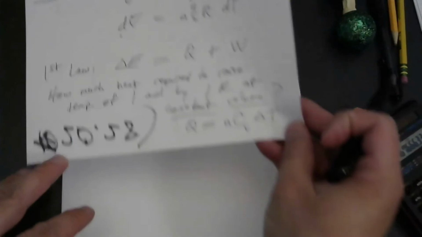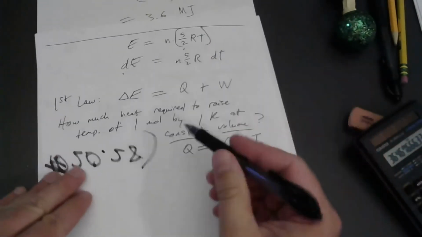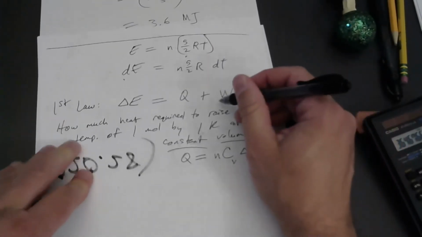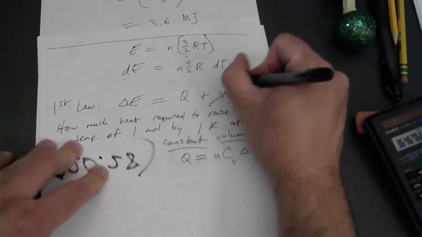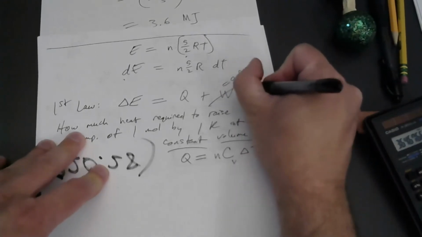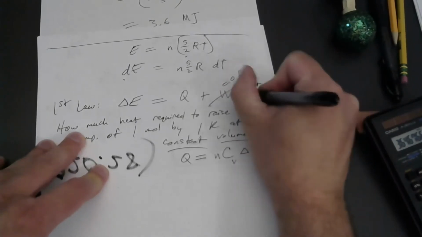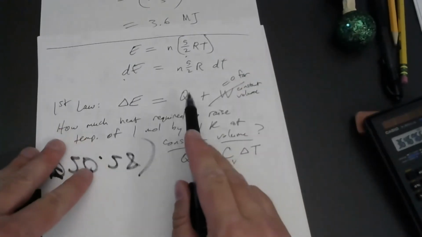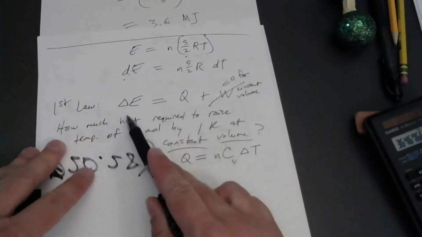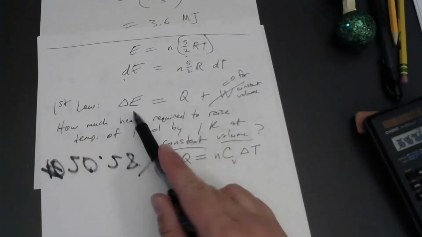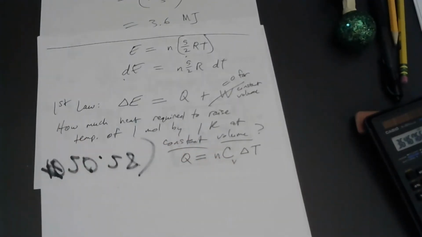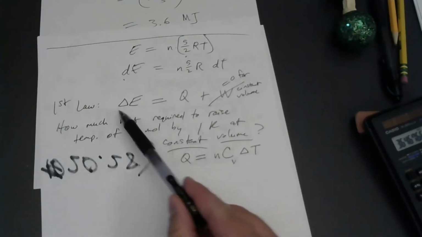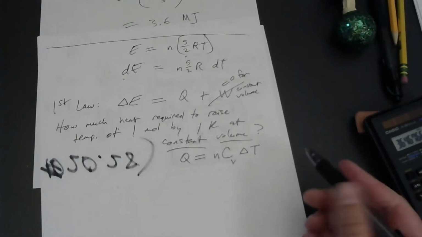Now, constant volume means that there's no work being done. So I'll say W equals 0 for constant volume. And that means that the heat required to do this is equivalent to the change in the thermal energy. Since you're not changing the volume, you're not doing any work or letting the gas do any work, whatever heat you put in shows up as an increase in thermal energy.